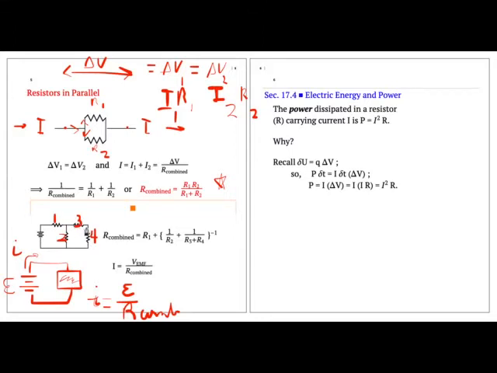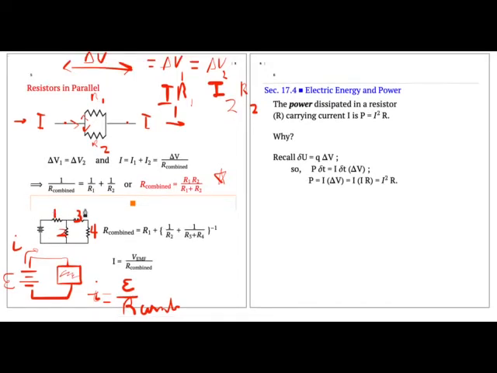So the combined resistance of 3 and 4 is R3 plus R4, using the equation you wrote down in your notebook. I1 is not in series with R3 or R4 or R2 because there's a junction. I1 is in series with this combination of 2, 3, and 4.